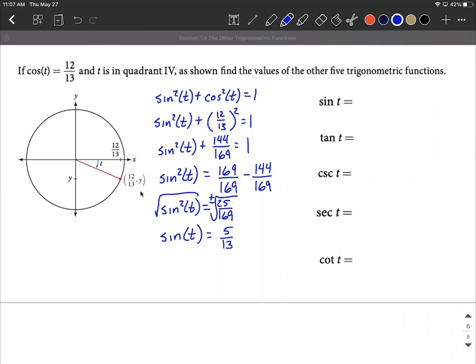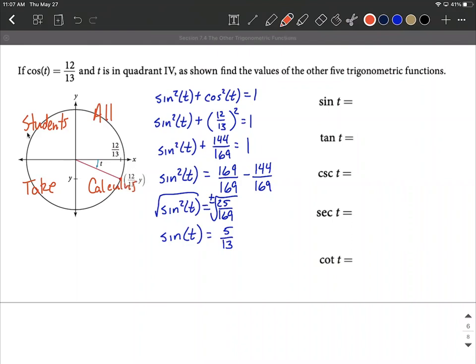Now we are in the fourth quadrant, so that's going to really impact whether this should be positive or negative. I always tend to utilize "All Students Take Calculus" as a nice way to remember exactly what's going to be positive in each one of these quadrants. In the first quadrant, all of our trig functions are positive. Then we use the first letter of each one of these words.